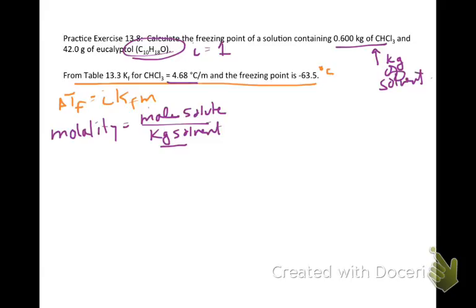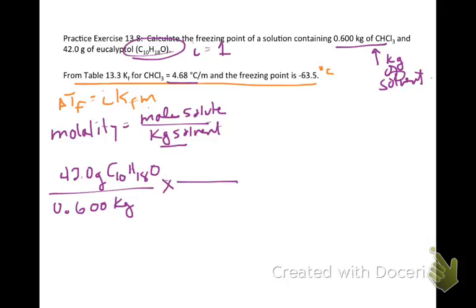So let's go ahead and do that. I have 42.0 grams of C10H18O over the 0.600 kilograms. So I will find a molar mass for C10H18O, and that will give me my molality of the C10H18O.